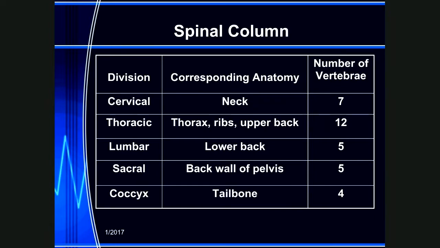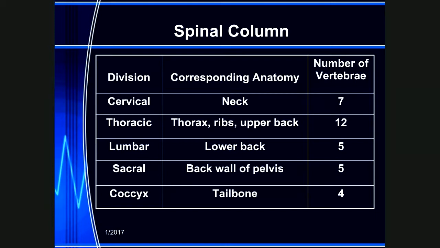The lumbar, which is the lower back, has 5 vertebrae. The sacral, which is the back wall of the pelvis, has 5 vertebrae. And the coccyx, also known as the tailbone, has 4.